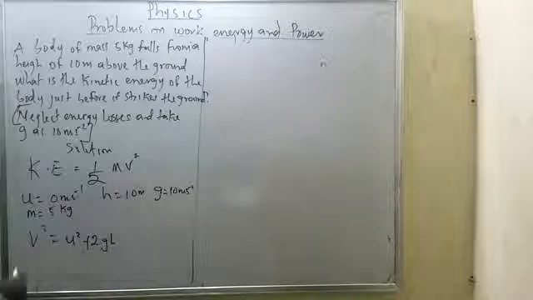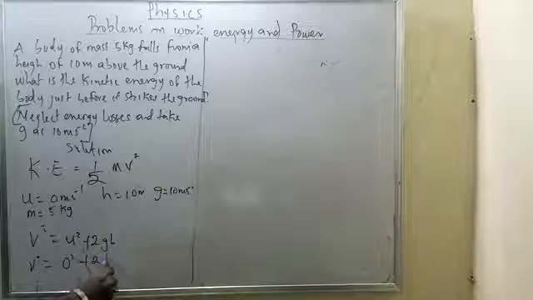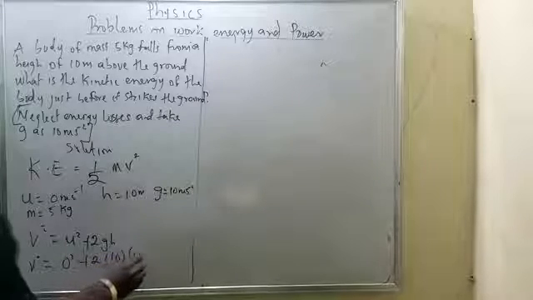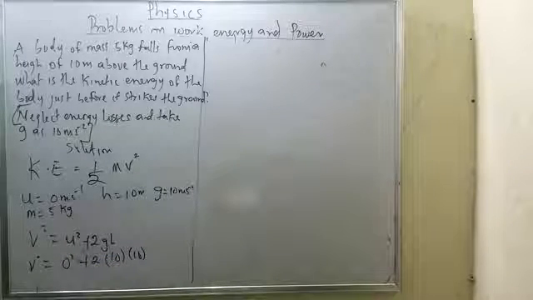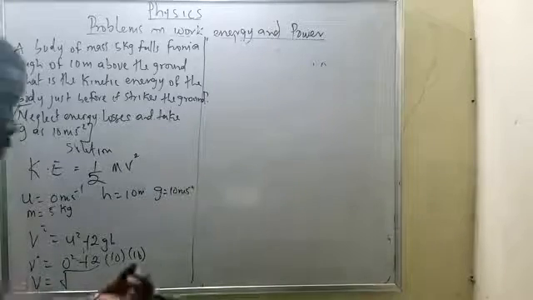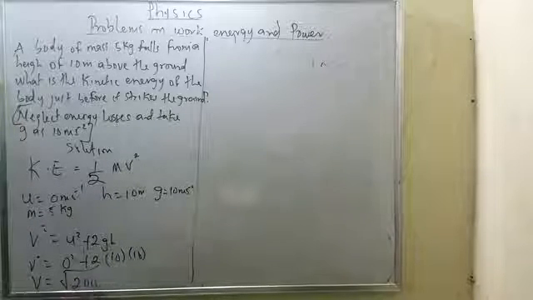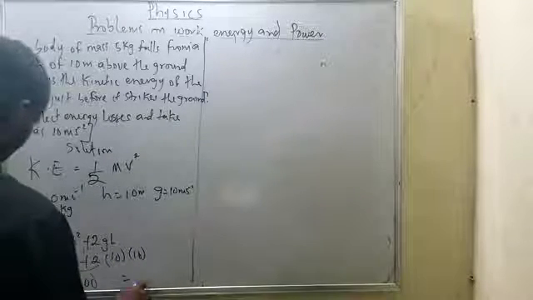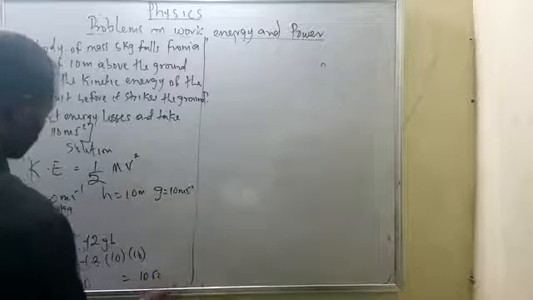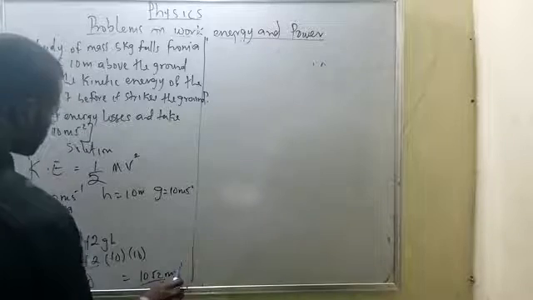Now, it means v squared equals 0 squared plus 2 multiplied by 10 multiplied by 10, which is 200. I square root both sides, which gives 10 root 2 meters per second.